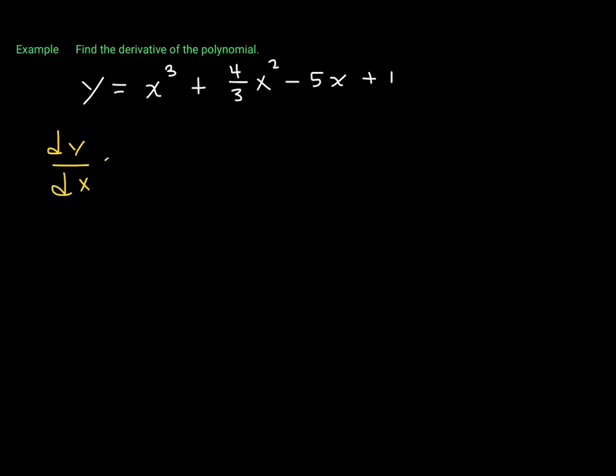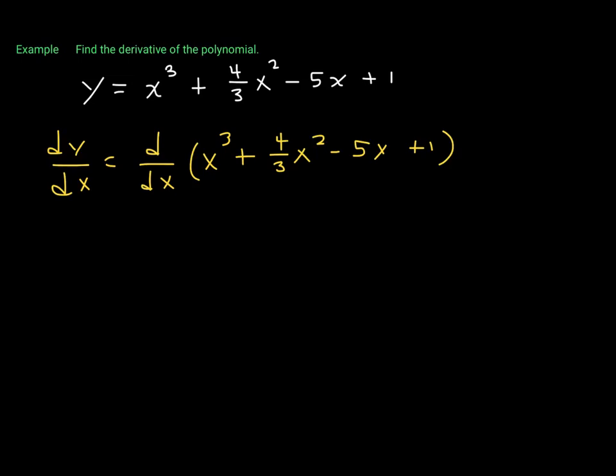How are we going to find that? We're going to find it by evaluating the derivative of x cubed plus 4/3 x squared minus 5x plus 1 with respect to x. Now, this is written as both a sum and a difference, right? And so we know that the derivative of a sum is equivalent to the sum of their derivatives. Also, the derivative of a difference is equivalent to the difference of the derivatives.